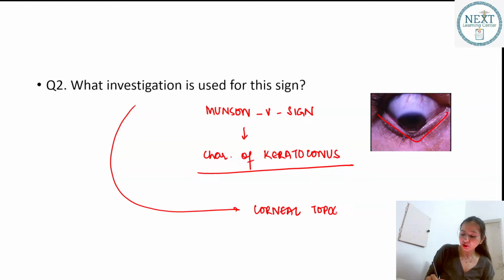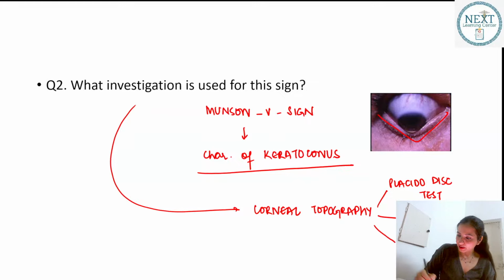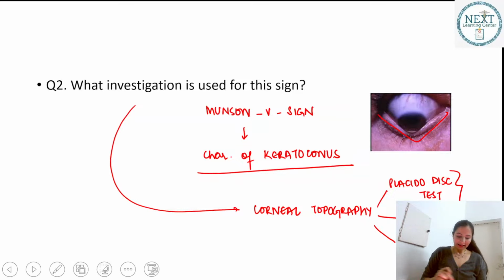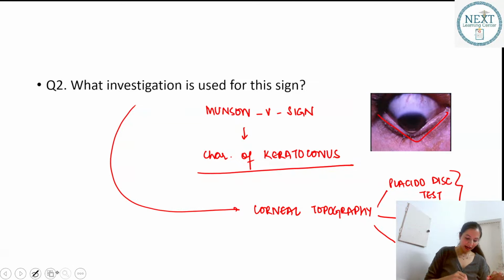Corneal topography can be done either via Placido disc test, or via pentacam, or via orb scan. So this was the question, and your answer was pentacam.